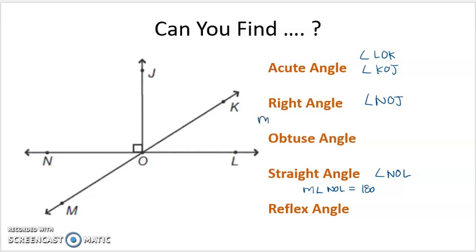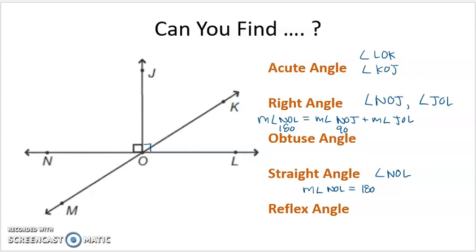The measure of angle NOL equals the measure of angle NOJ, which we said was a right angle, plus the measure of angle JOL. Well, if this is 180 and this is 90, that says the measure of angle JOL, in other words this angle right there, also would be 90 degrees. So angle JOL is also a right angle.